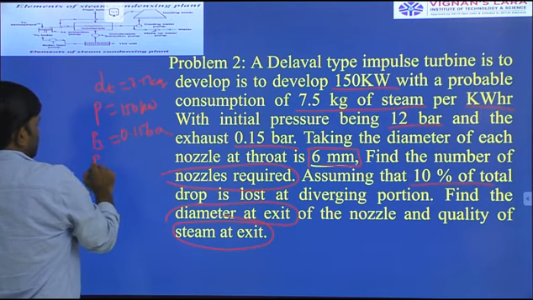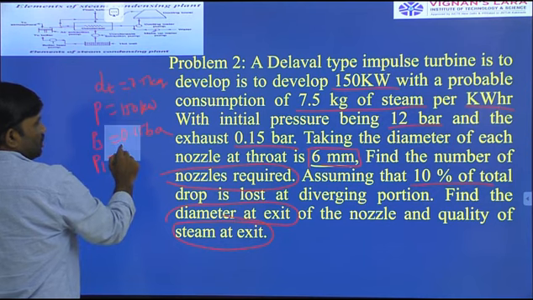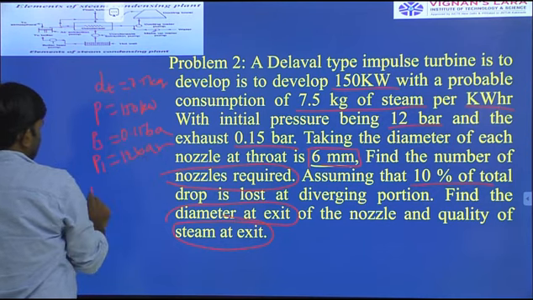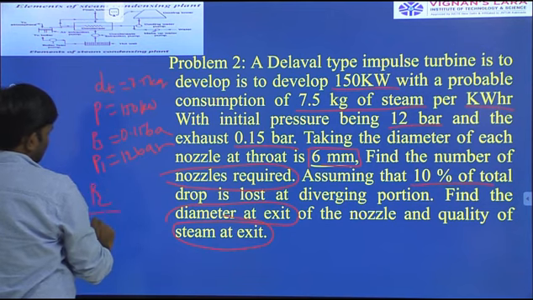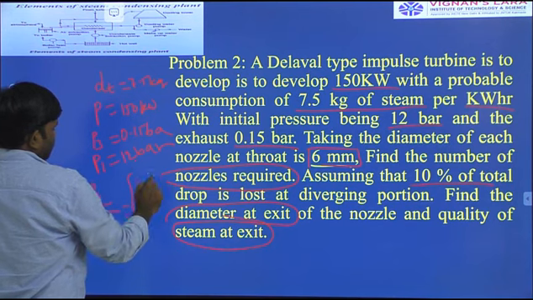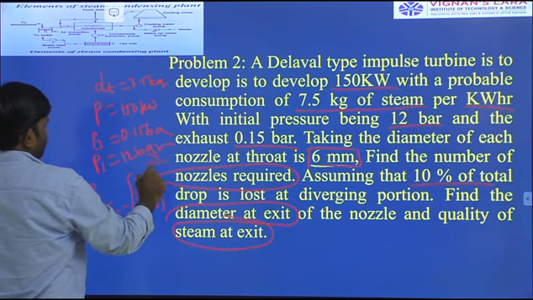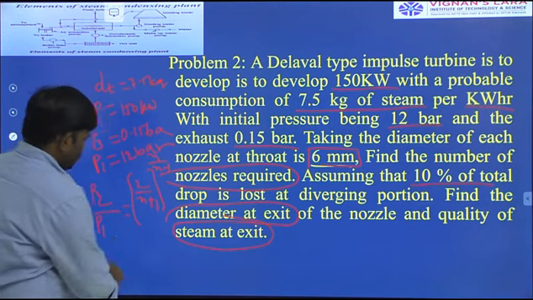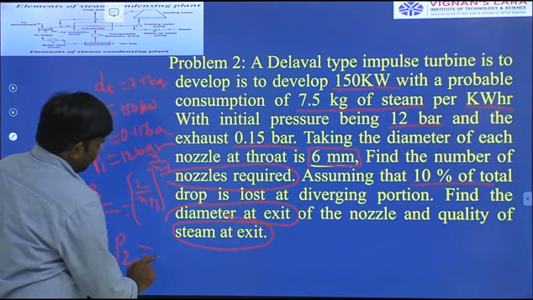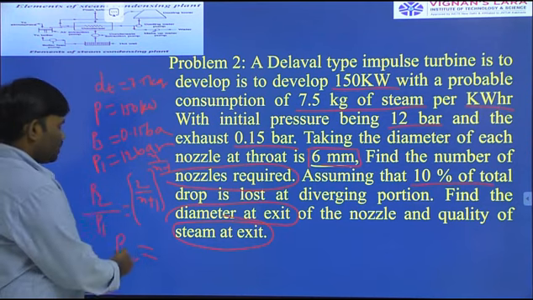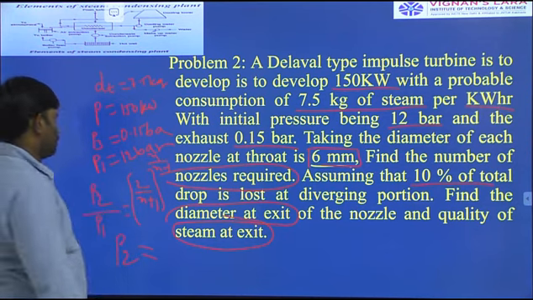The inlet pressure P1 is equal to 12 bar, and the P2 value we have to determine by using the relation P2 by P1 is equal to (2 by n plus 1) whole power n by n minus 1. After knowing the P2 value, we have to take the properties from the steam table book at pressure P2.